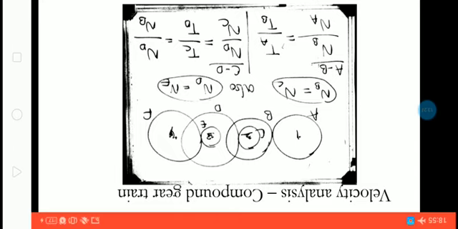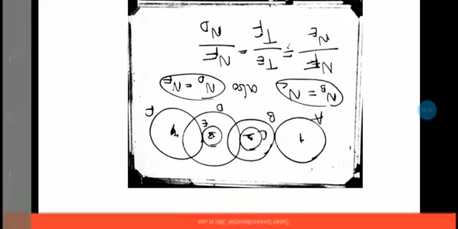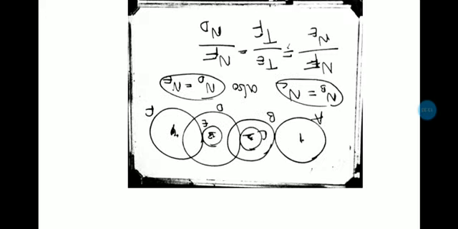Since NB and NC are the same, you can write ND by NC also equal to ND by NB. Similarly, for the last mesh between E and F, we can write NF by NE equal to TE by TF. But NF by NE is also equal to NF by ND, because ND and NE are equal.